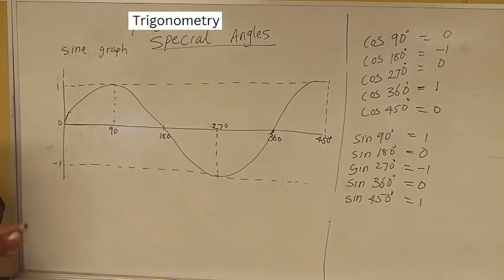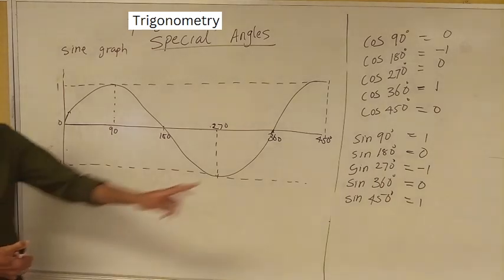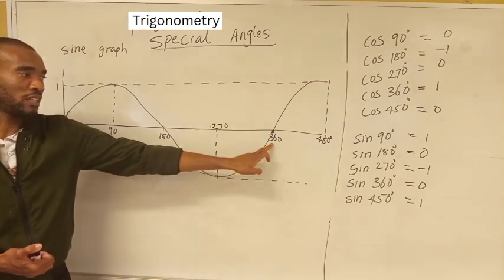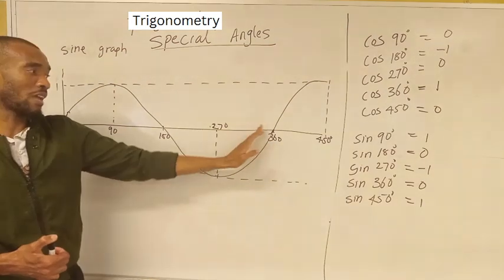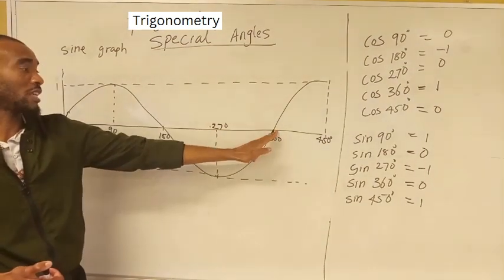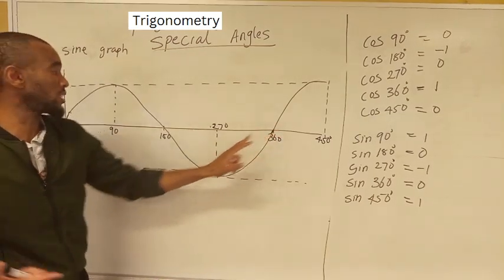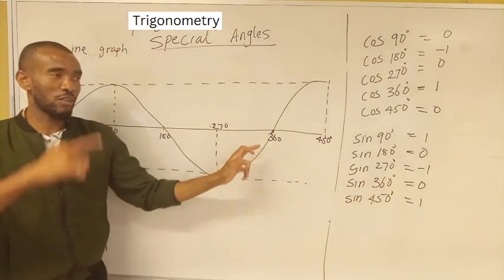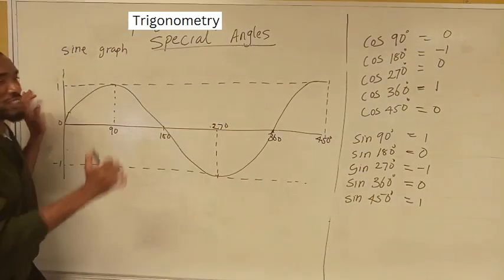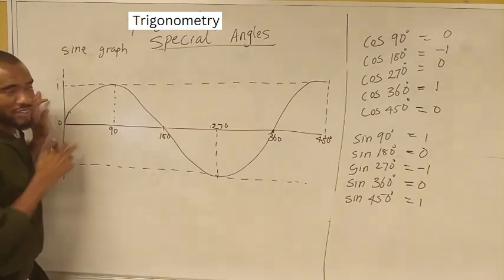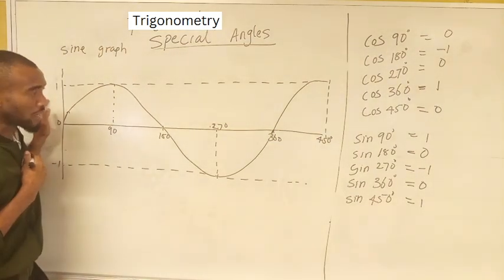So in this case, I can as well find what sine 720 would be, because sine 720, when it moves, it will also have to return to this point, and I'll know that sine 720 will give me 0, right? So this is just a graph. The best way to remember this is to remember this graph. That is how I remember it, right?